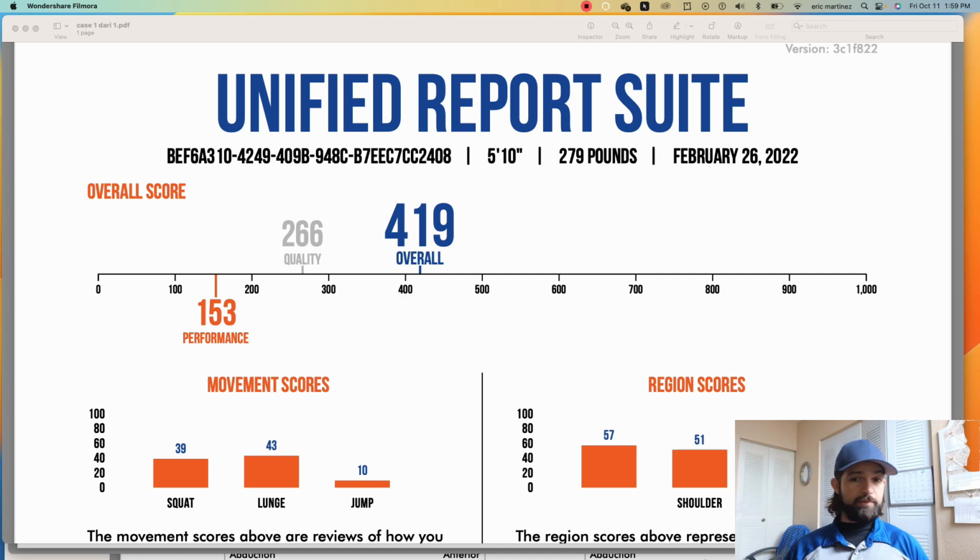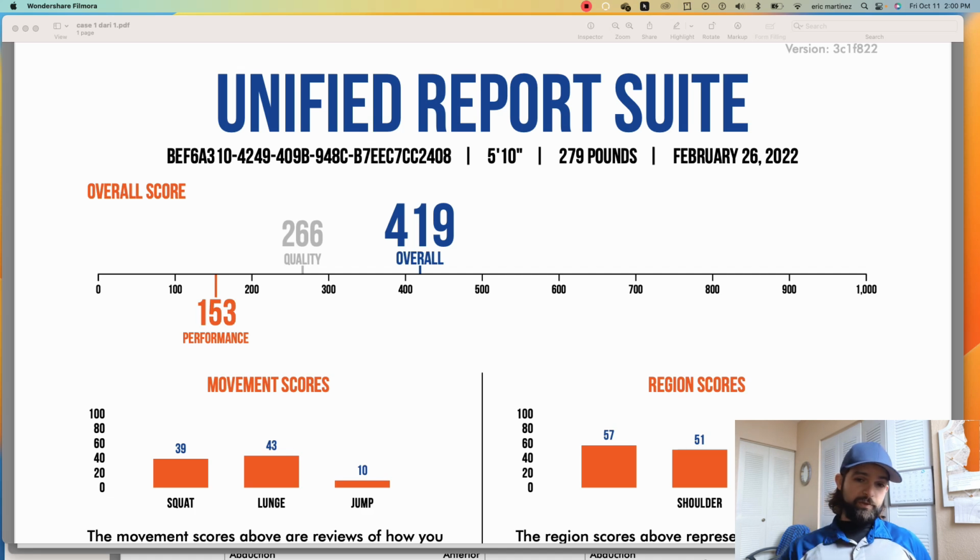Some of them have good data points that they could use, some don't. So in this case, the Dari, we were able to get 8 different points of angles and not need to put on dots or anything like that, like the video game stuff that you see out there, right? So cool stuff. I had an opportunity to use this for a long time, and this is what it does.